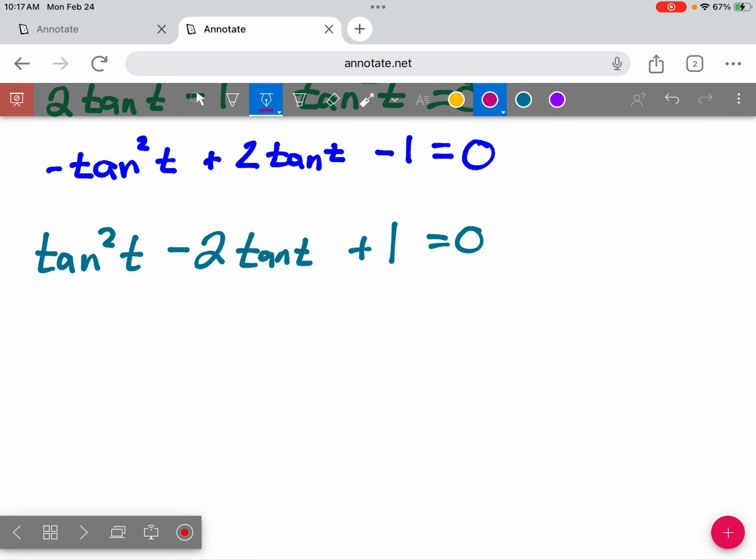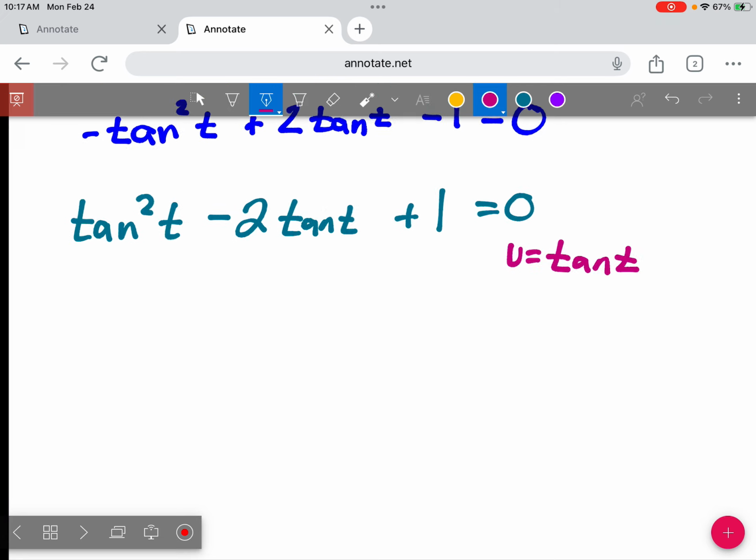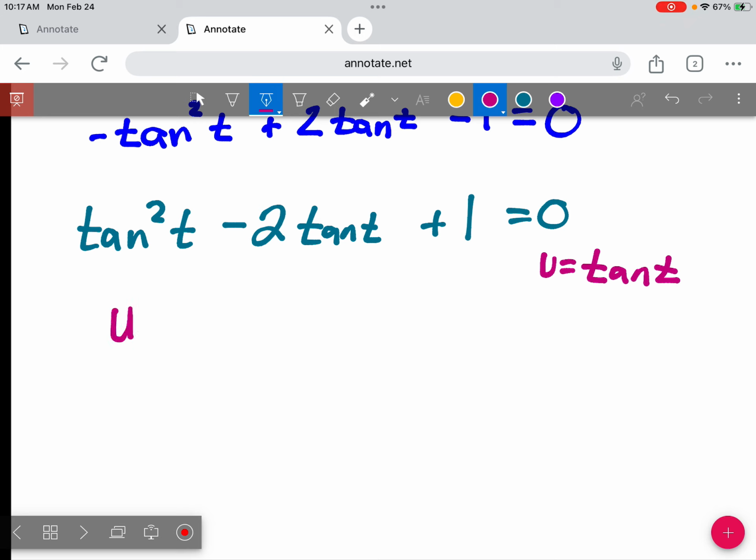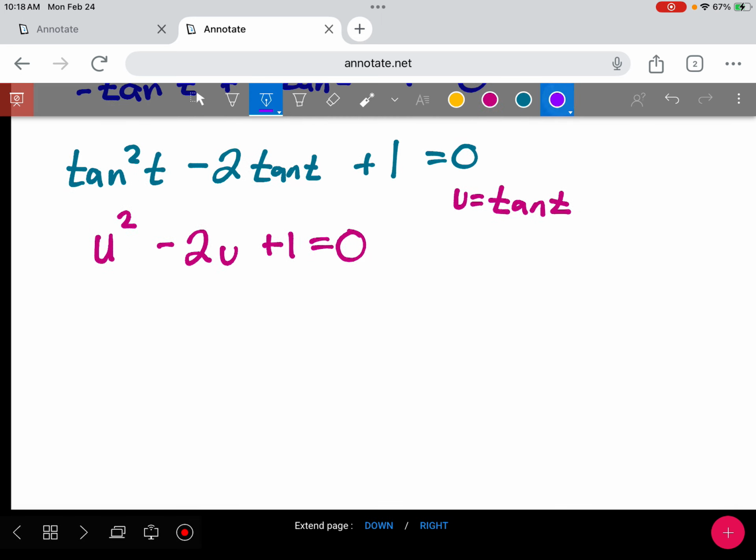Factor it. Use a U substitution. Both excellent options. I'm going to set tangent of t as a u. So we can have our u squared minus 2u plus 1. And when we factor that, what do we get as our factors?